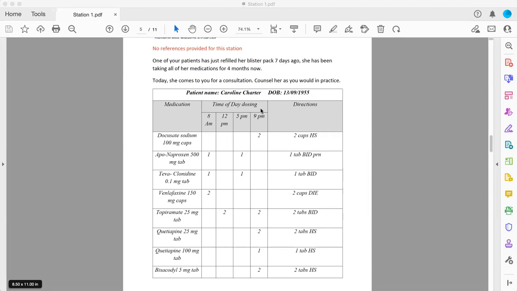I take quetiapine, and that's for mood, I believe. Yeah, that's pretty much it. Okay, you're taking 2 strengths of quetiapine, 25 and 100 milligram, and you take a total of 125 at bedtime. Is it correct? Whatever is in the blister pack, I take.